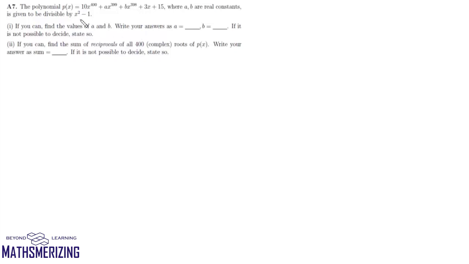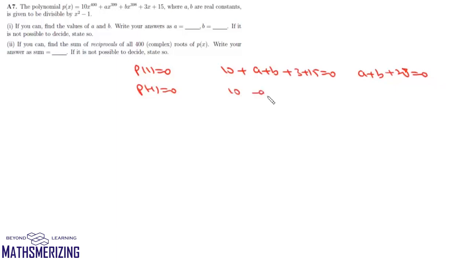Now question A7 is, this polynomial p(x) is divisible by x square minus 1, then find the value of a and b. Now if it is divisible by x square minus 1, then p(1) is 0 and p(-1) is 0. Now we'll put x as 1, we'll get 10 plus a plus b plus 3 plus 15 equals 0. So it will be a plus b plus 28 equals 0. And we'll put x as minus 1, we'll get 10 minus a plus b minus 3 plus 15, and it will be 0.